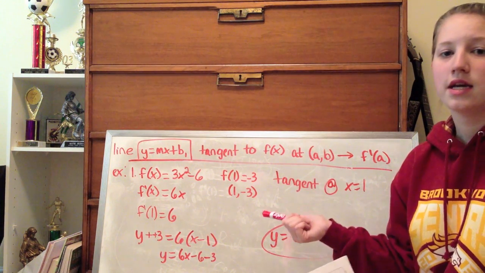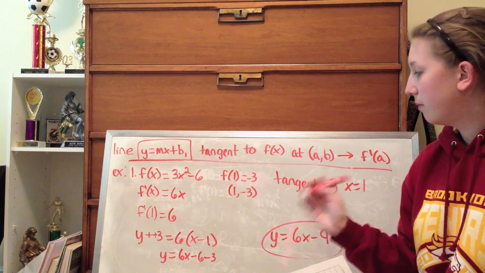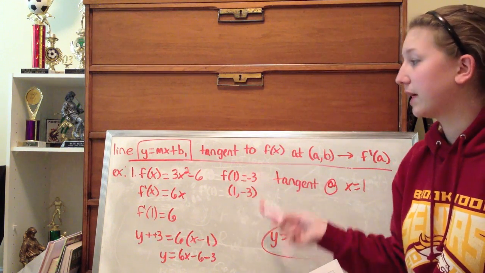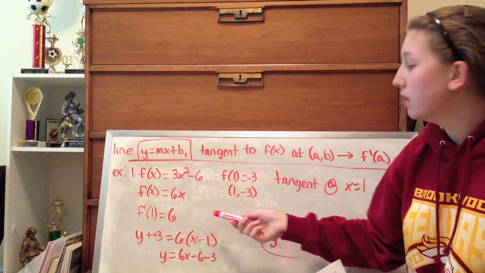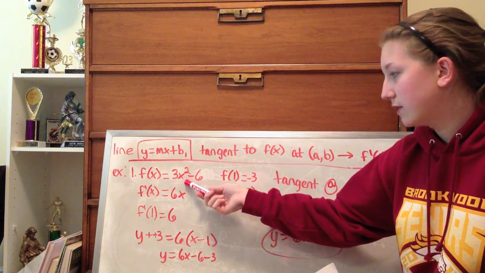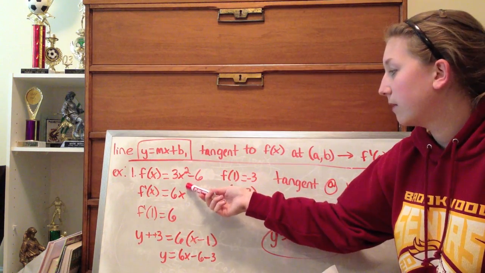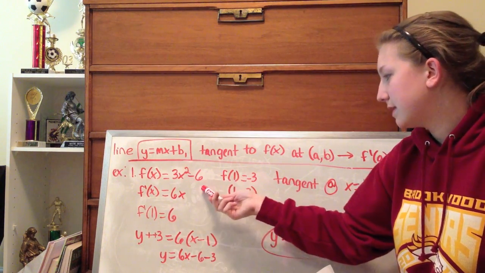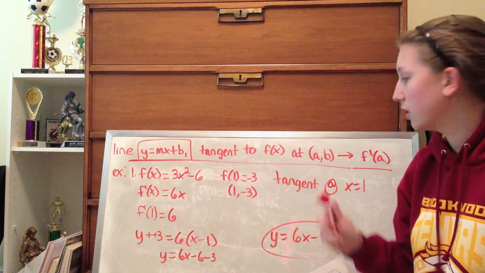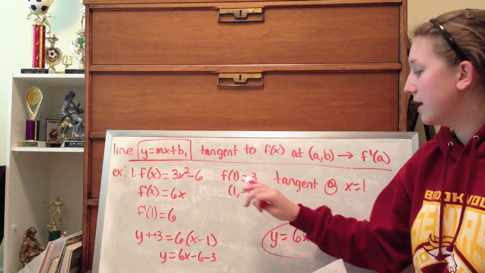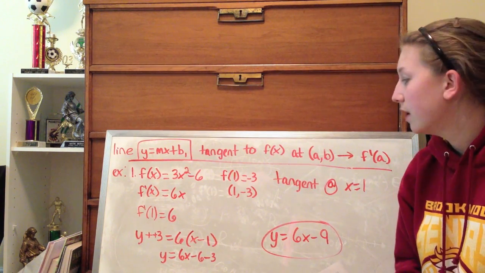To find the original point at x equals 1, you just plug in 1 to the original equation, and you get 3 times 1 squared, which is 1, times the 3 is 3, minus 6 is negative 3. So your original a comma b point is 1 comma negative 3.